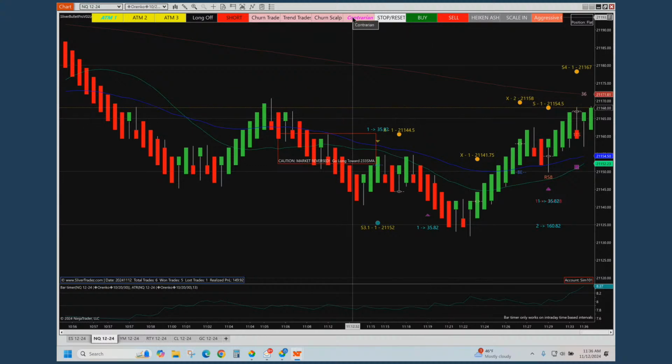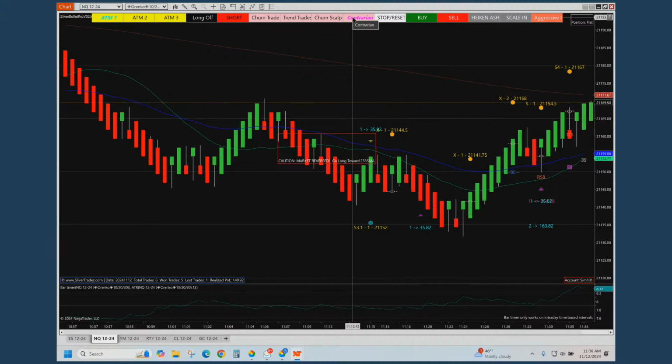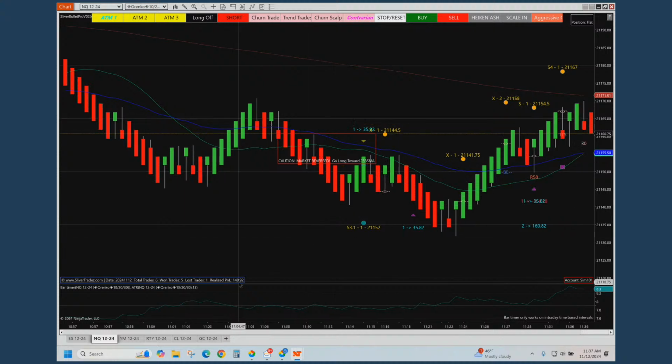So I kept the contrarian trade on. I would have gotten a contrarian trade here if this contrarian trade wasn't taken, because it waits for 3 bars before it takes a new trade, a new contrarian trade particularly. $149.